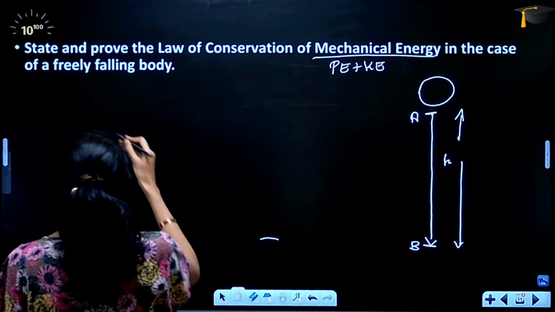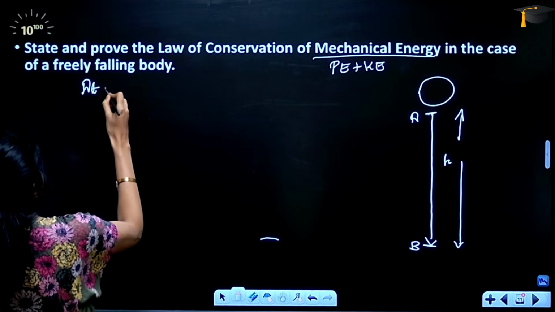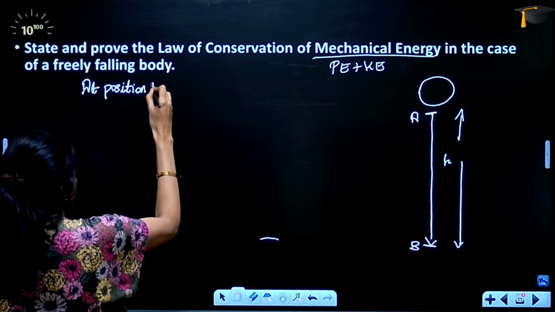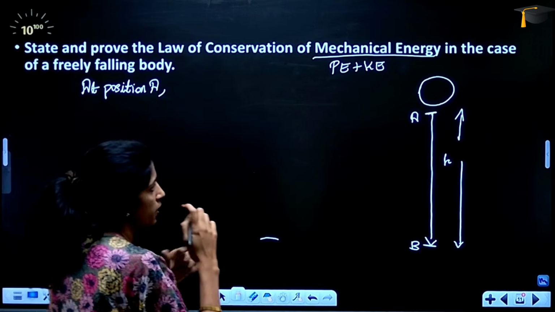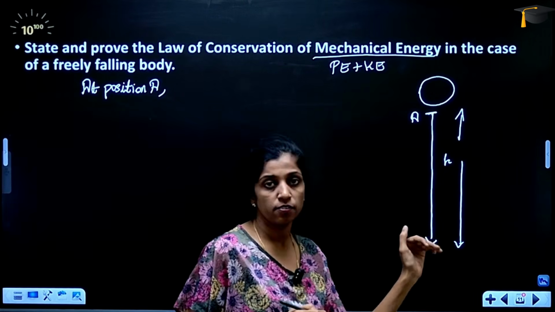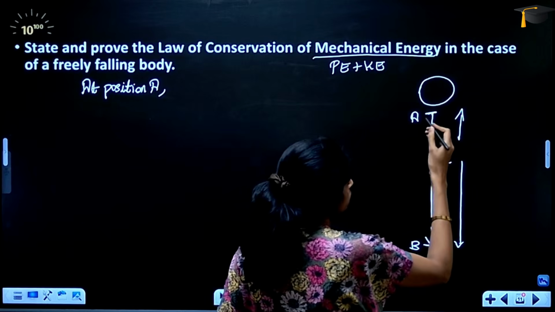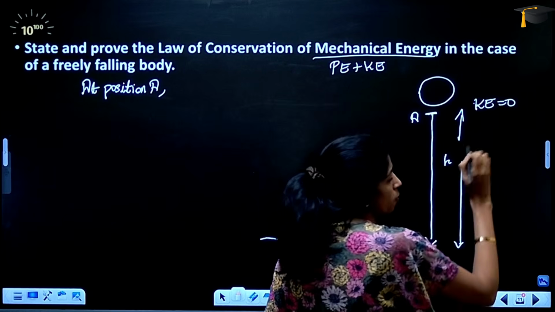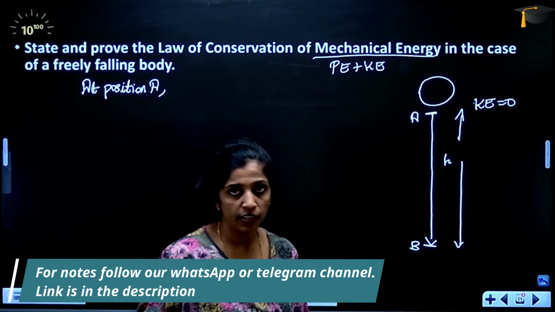Now, at position A, that's the highest point where the object is thrown. Remember, at position A, the kinetic energy will always be 0, because the initial velocity will be 0.